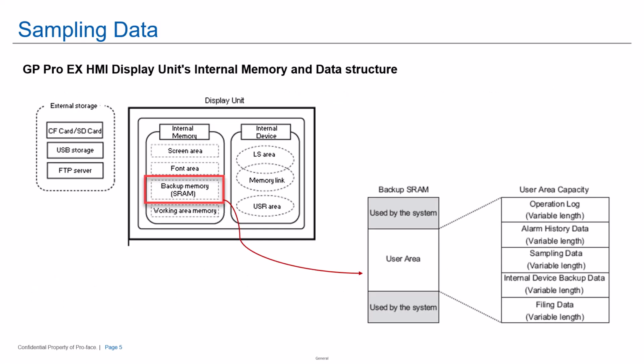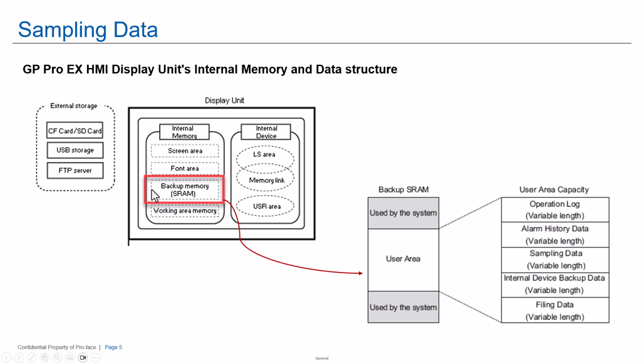If we look at the internal memory structure of GP Pro EX, it's important to understand how this is related to data logging. By default, especially in HMI platforms, the logging is done directly to non-volatile RAM.